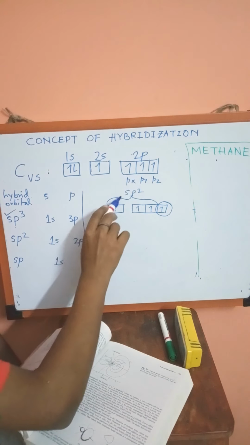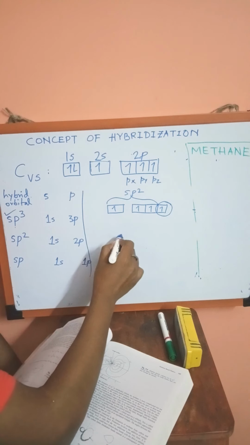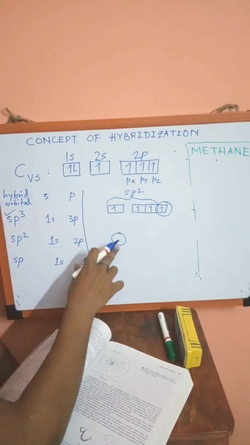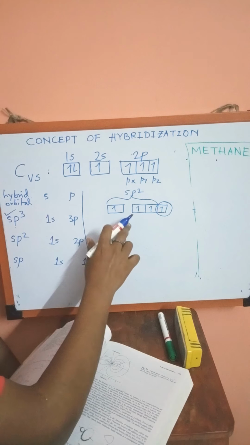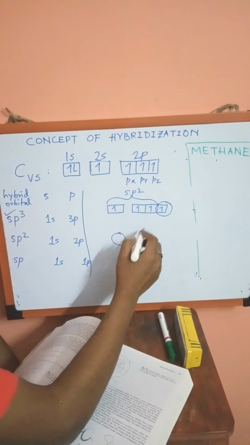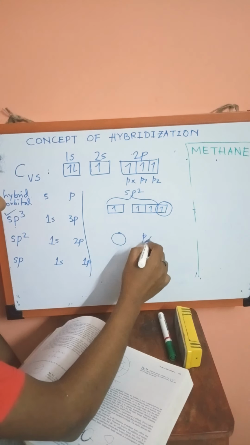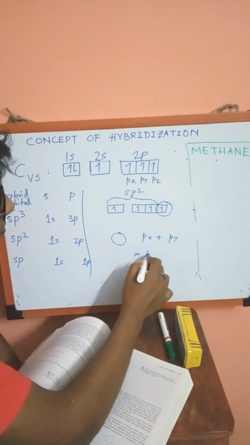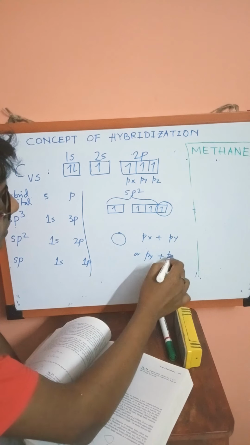It is not necessary, because s is spherical in shape and has no directional preference. So it can mix with any two of the p orbitals, that is Px plus Py, or Py plus Pz.